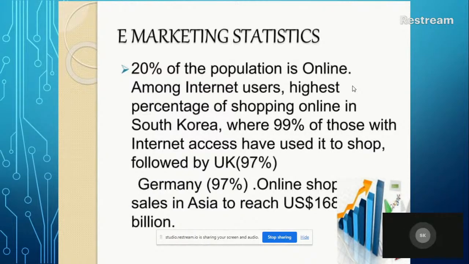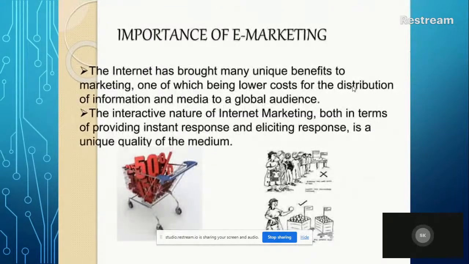Online shopping sales in Asia reach $168 billion. So these are the different statistics: 20% of the population use online shopping, 99% in South Korea, 97% in the UK, and 97% in Germany.